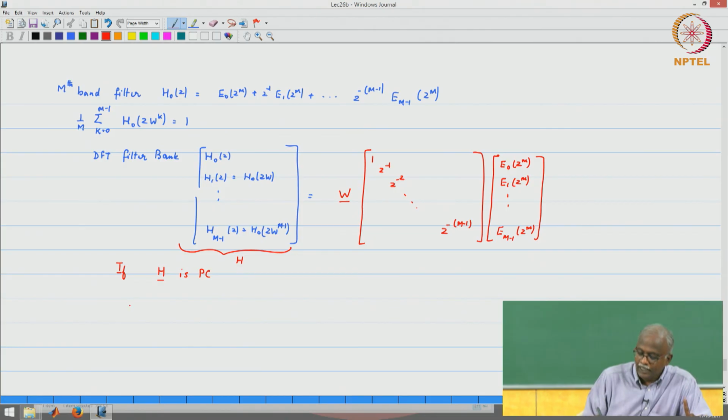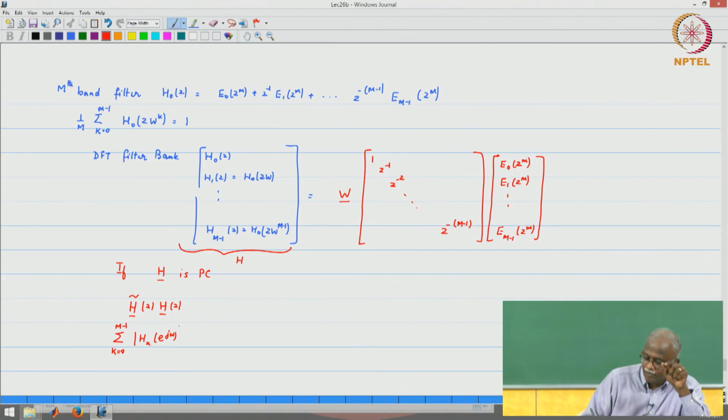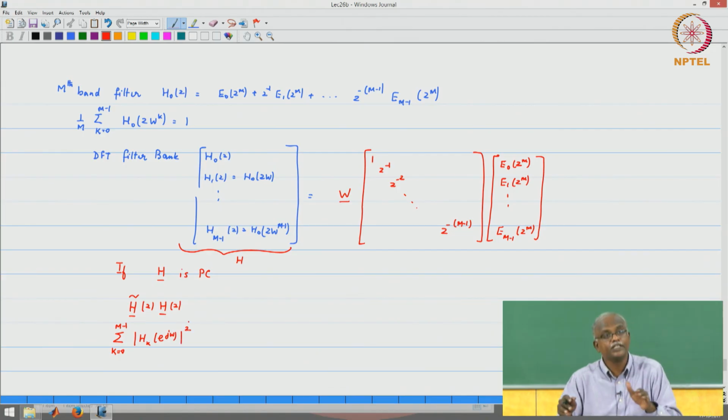What does that mean? h tilde of z, the paraconjugate, times h of z is the same as saying the summation over k equal to 0 to m minus 1 of the magnitude squared of h_k(e^{j omega}), when you evaluate it on the unit circle.